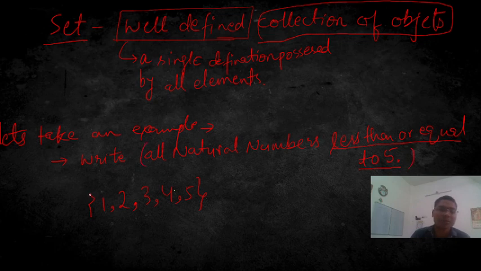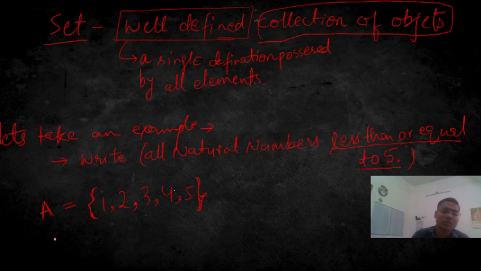Now, sets have a unique representation property. You will have to give it a name in any alphabetical order in capital letters, and you will have to enclose it within parentheses.